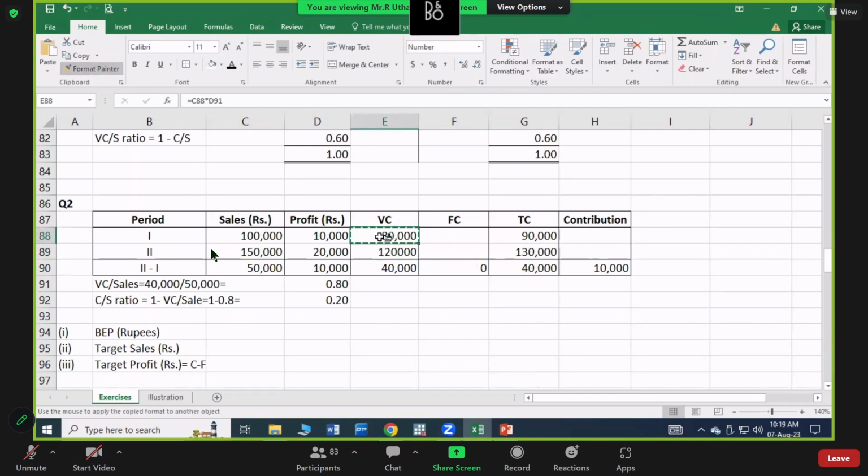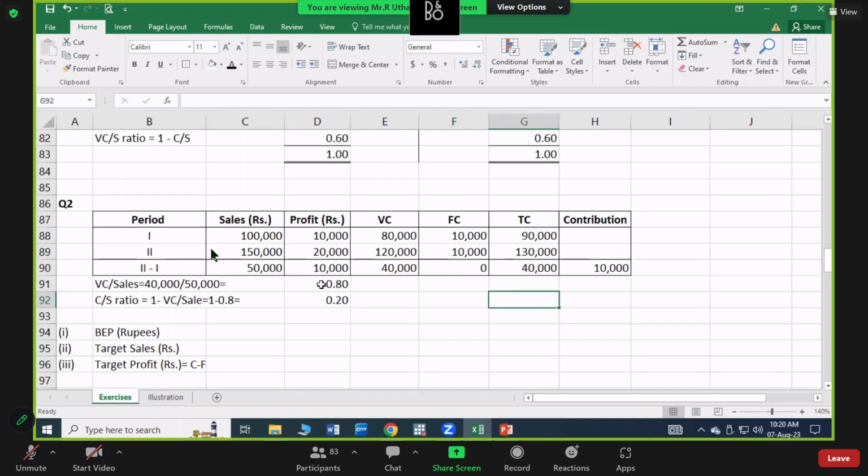Now you can easily calculate the fixed cost. Total cost 90, variable cost 80, so balance you take 10,000. Here also you can take the balance 10,000. So fixed cost would be the same for all periods. So there will be no change, zero.